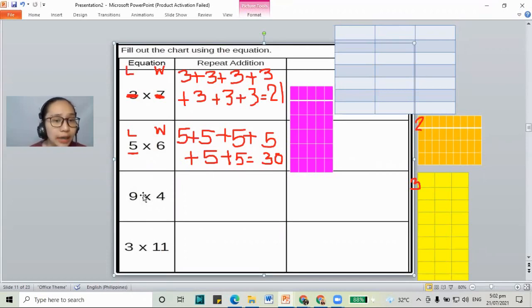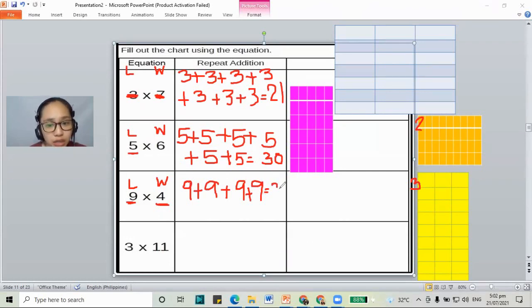How about for 9 times 4? Remember length and width. That's the formula. And for your rows, the length and the width. If we try to add in repeat addition, let's add 9 4 times. 1, 2, 3, and 4. Now, let's try to skip count by 9. 9, another one, 18, next one, 27, and the next one, 36.